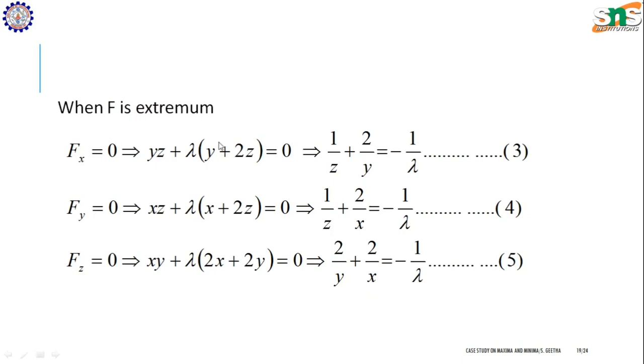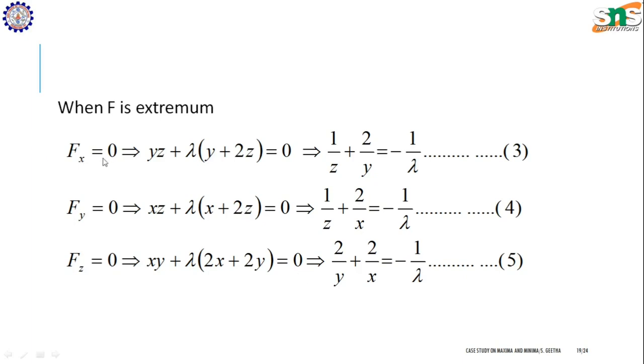When F is extremum, Fx = 0, Fy = 0, Fz = 0, which implies yz + λ(y + 2z) = 0, xz + λ(x + 2z) = 0, xy + λ(2x + 2y) = 0.